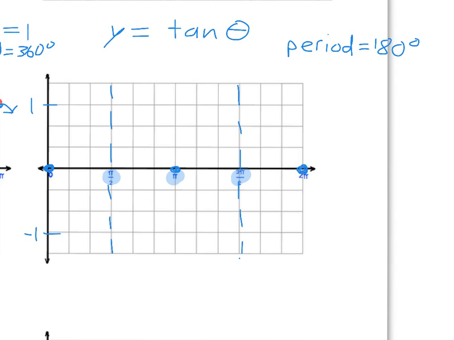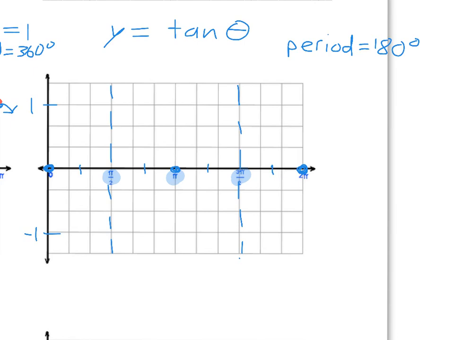And then from there I like to cut it again, so it's like cutting it into eighths. So I cut it here, here, here, and here. And let's label those. So this would be a lot easier if it was in degrees.